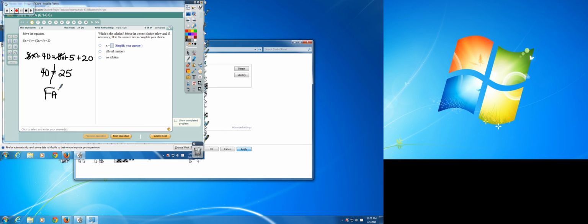False. Therefore, contradiction. So it is an identity. The 40 is equal to 40, sorry. So it's an identity because it's true. So all real numbers.